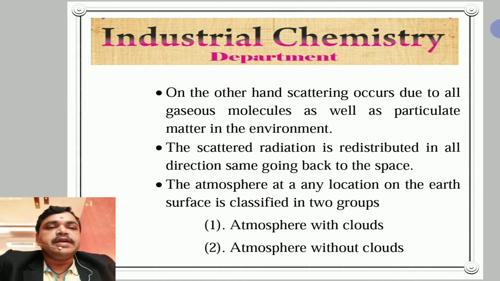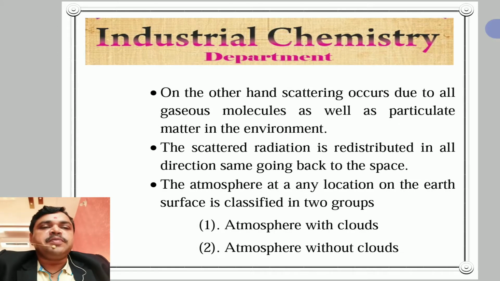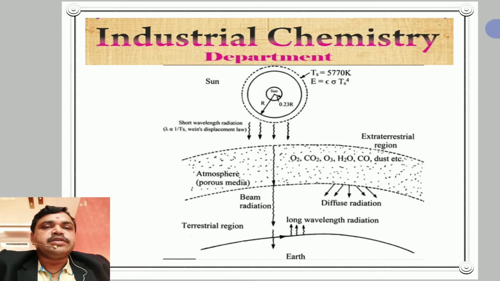The atmosphere at any location on the Earth's surface is classified into two groups. Number one is atmosphere with clouds, and number two is atmosphere without clouds. This is the structure of the atmosphere.